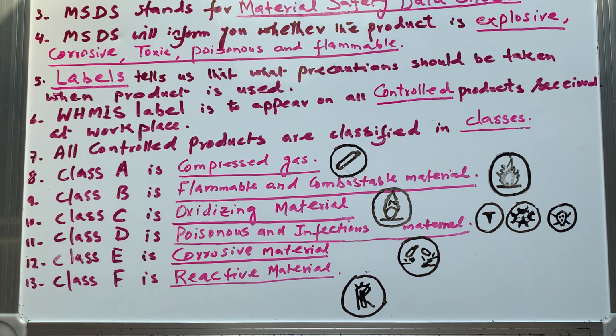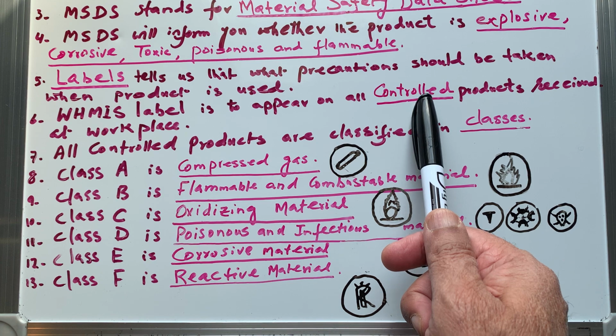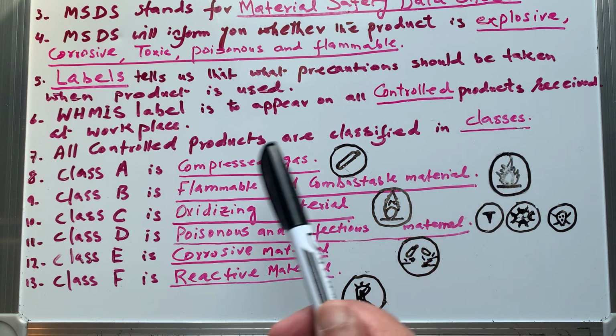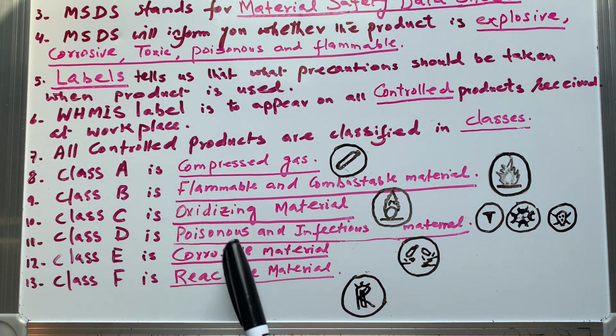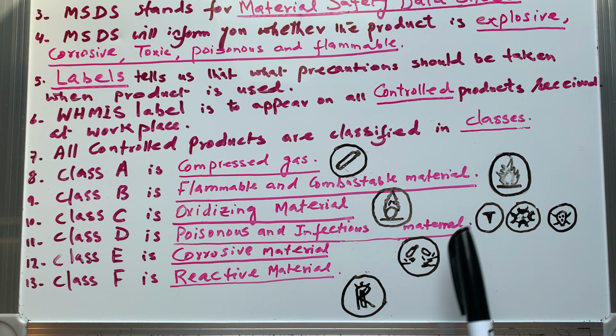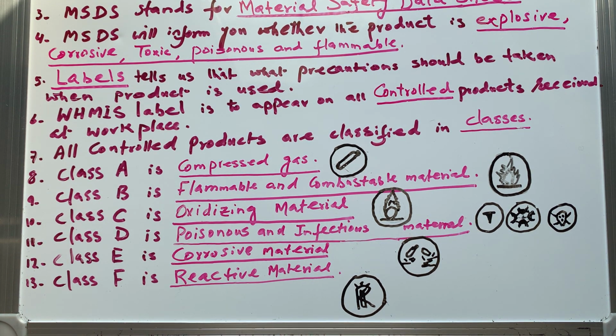So we have to look for these symbols when we are handling controlled products. We are dealing with classes A to F, and each of them is expressed with its heading and its symbol.